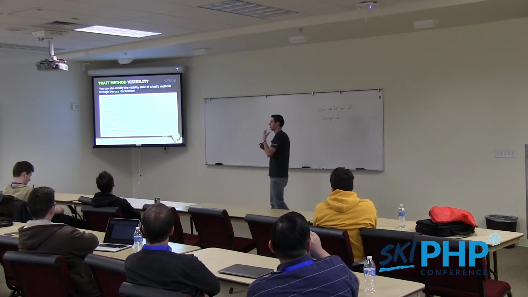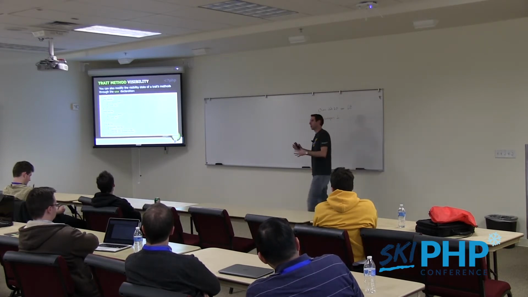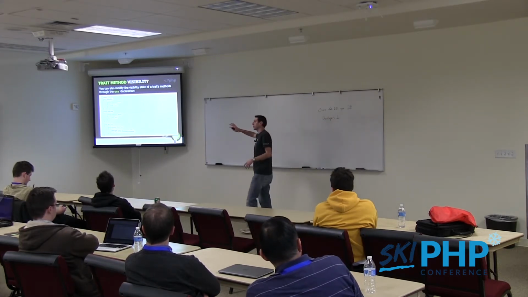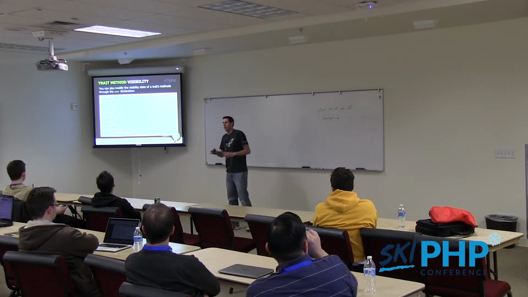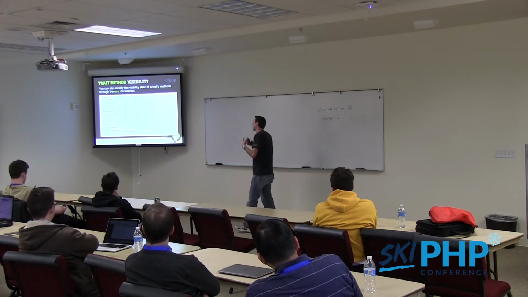So it gives you the chance to really define and restrict things so that you can meet the needs of the individual class. If you have a class that's being used by developers where you think, hey, I don't want them calling this method outside this class, protect it. If you don't want them calling this method outside of this class at all, you can mark it as private. It gives you a lot of power to customize the trait as much as you want to meet your needs in its use case.